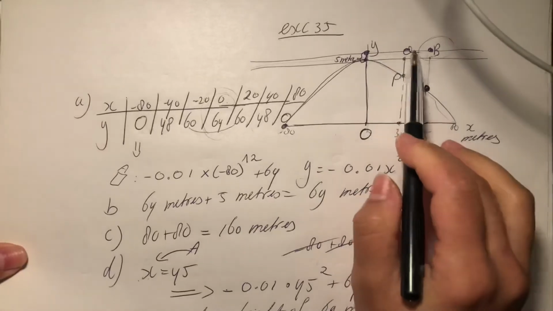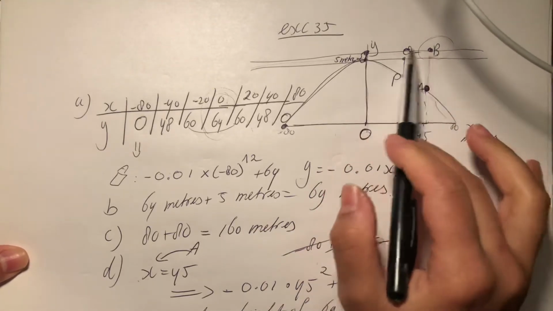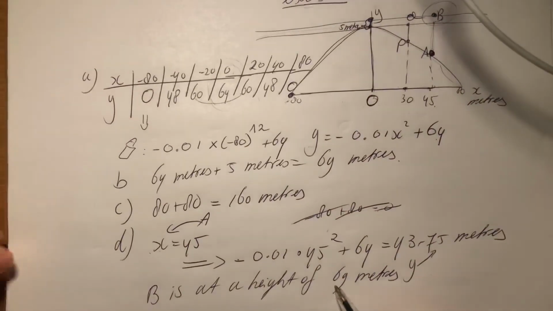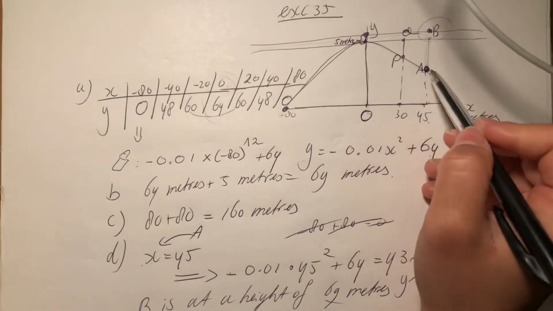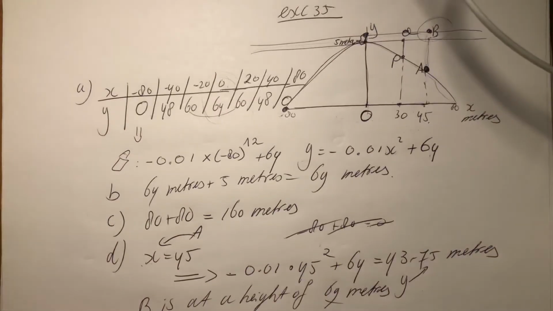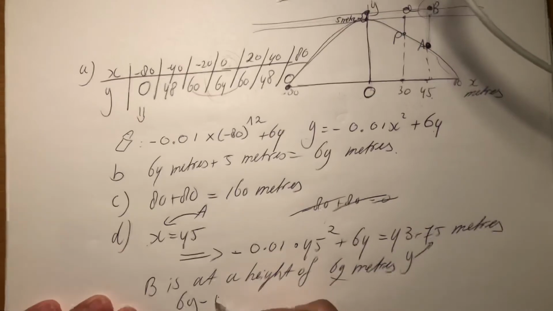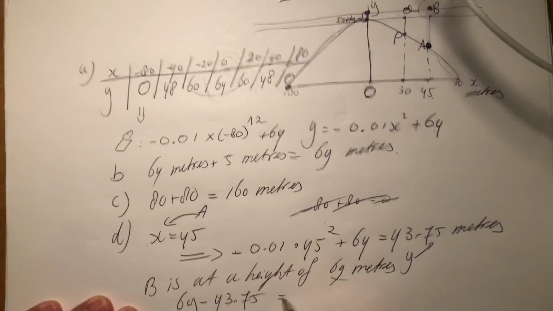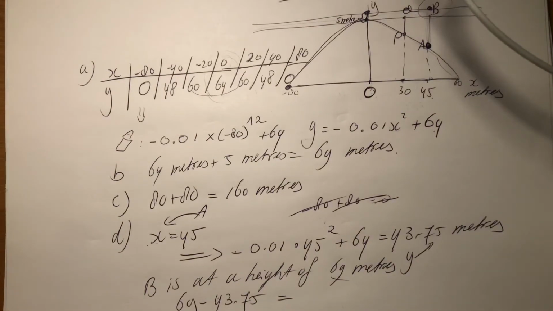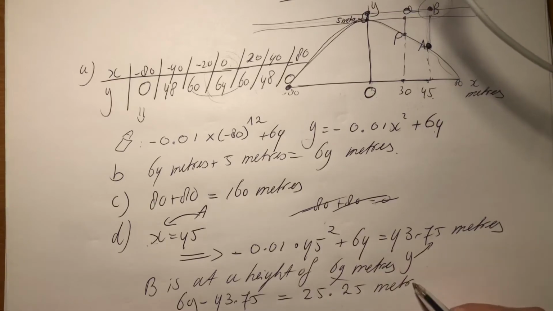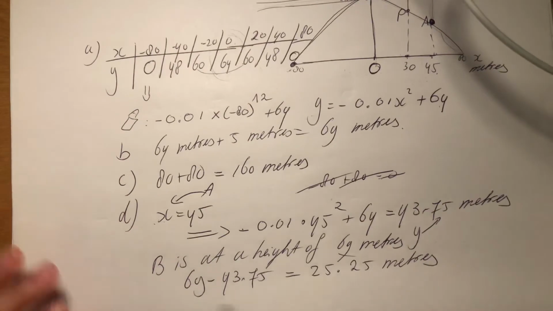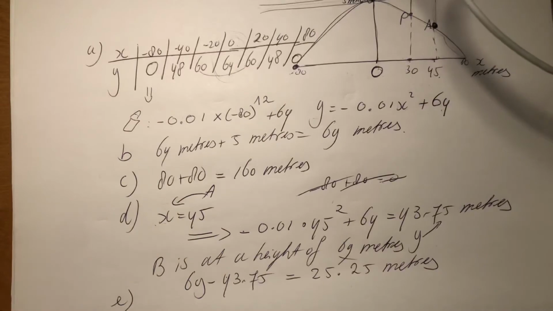B is also at that height. Look carefully at your sketch in the book. My sketch is not that good. The distance between A and B is exactly how long that iron bar is. So we get 69 minus 43.75. Grab the calculator and you will find that the iron bar is 25.25 meters.